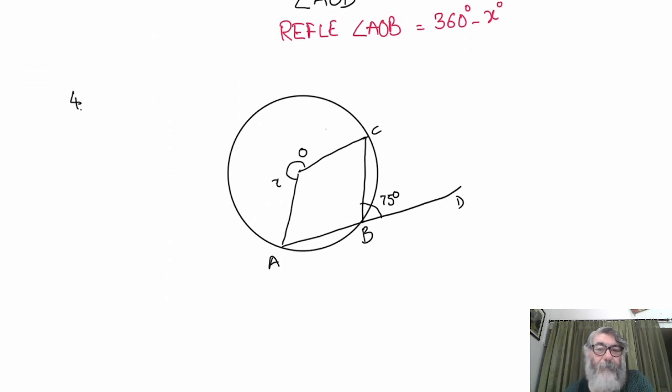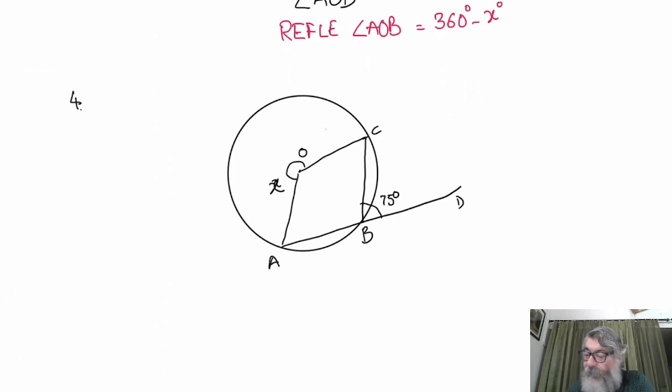Please understand. In this figure, what is given is that O is the center of the circle, from which OA is a radius, OC is a radius, A is joined to B and extended further, C is joined to B, angle CBD is 75 degrees.